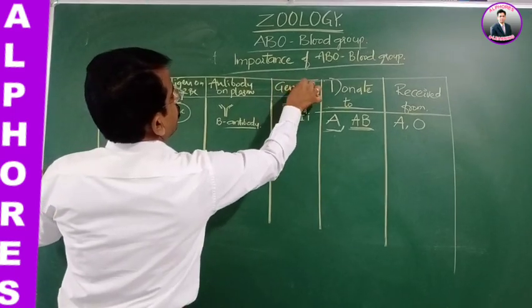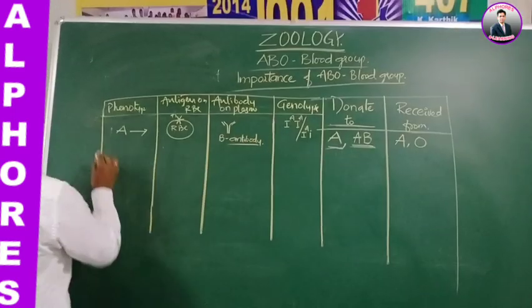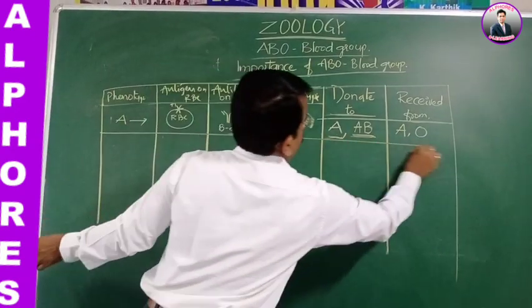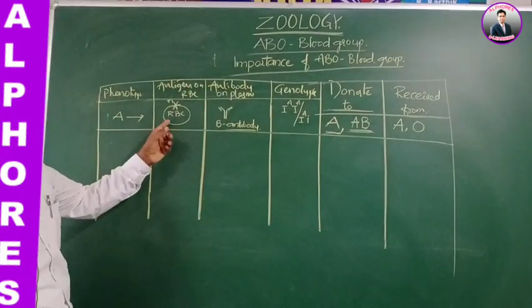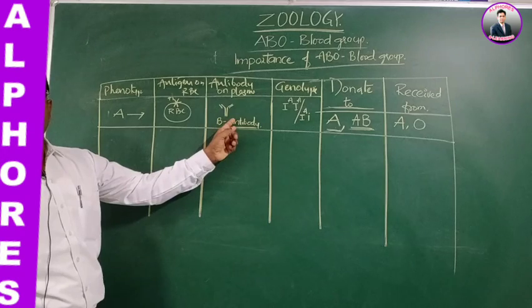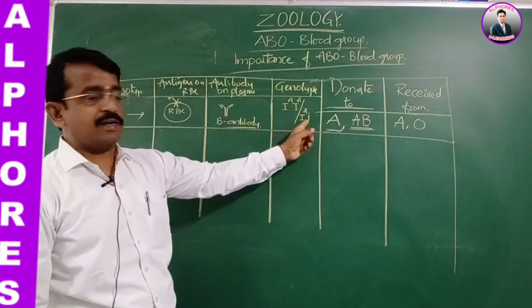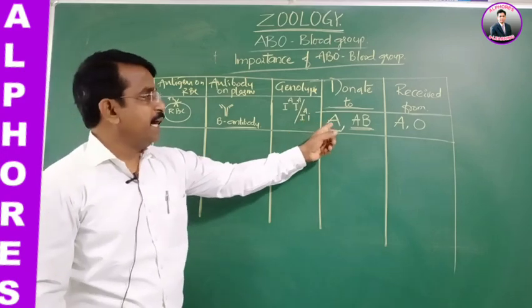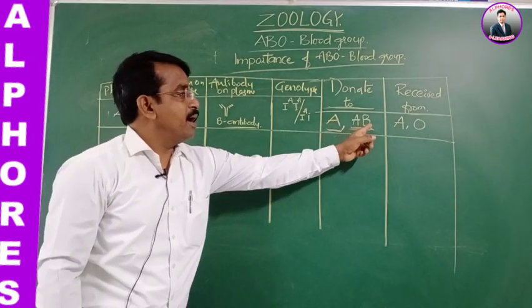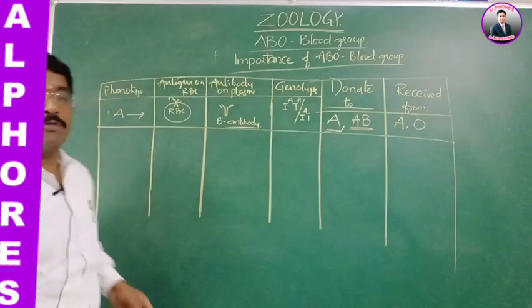This is what we see. So that is the first criterion. It is with the A antigen on RBC, B antibody in its blood plasma, IO is the genotype. It can donate to A and AB and it can receive from A and O.